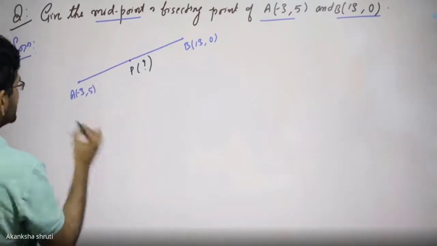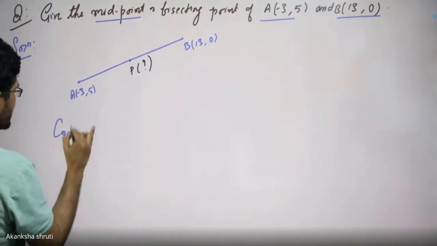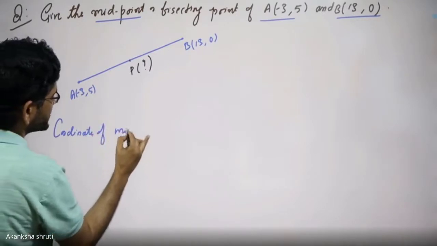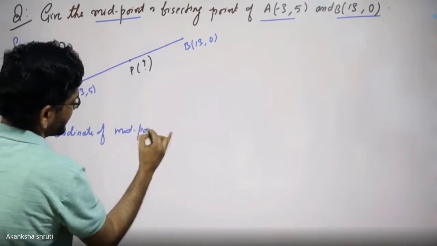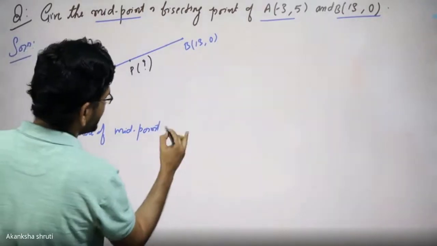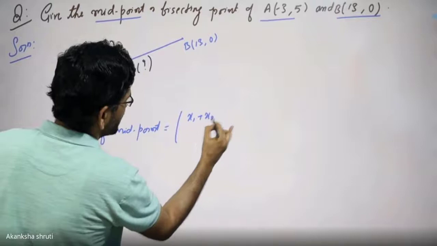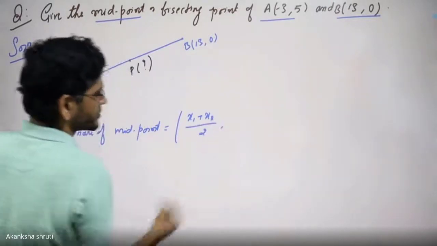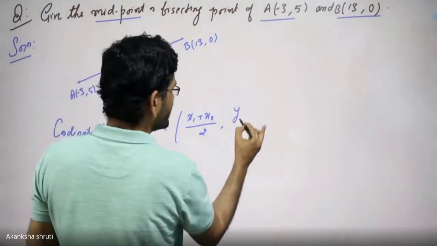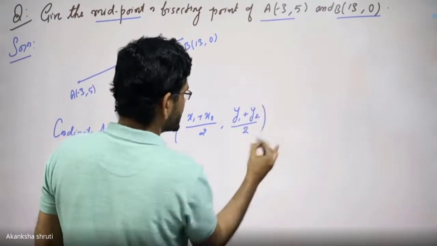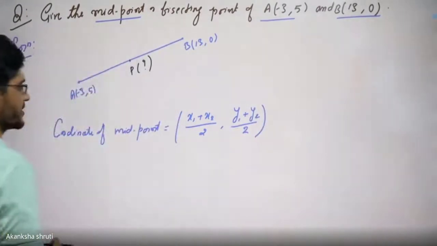Students, the coordinate of the midpoint is given by x1 plus x2 by 2 as the x coordinate, and y1 plus y2 by 2 as the y coordinate. These two are separated by a comma. Do not forget.